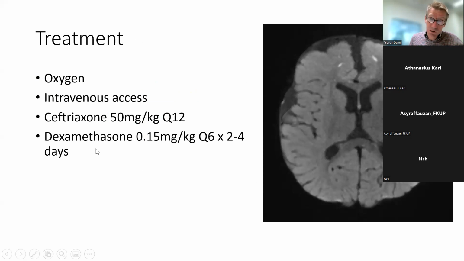You only need to give it for 2 or up to 4 days, but using prednisolone or methylprednisolone or dexamethasone is ideal. And what that does, it can reduce the inflammation of the brain, and often with pneumococcal meningitis, you get a vasculitis or cerebritis, vasculitis meaning an inflammation of the blood vessels, and that can lead to cerebral infarction.